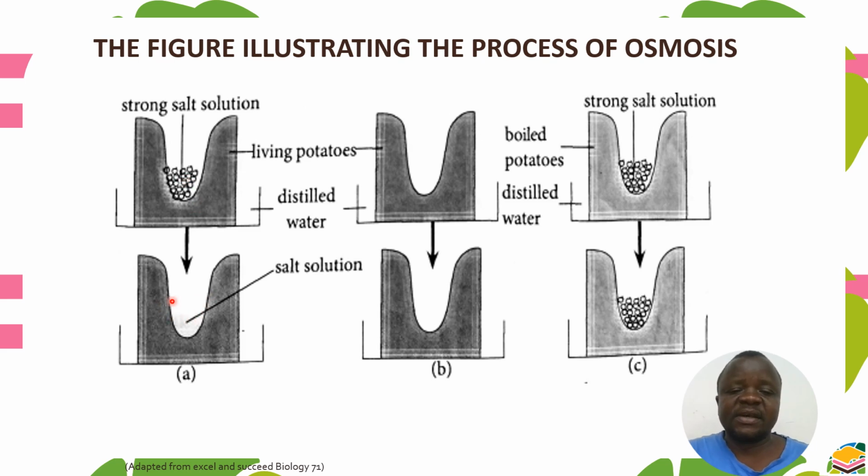So you can see the collection of the liquid will rise here, and there will be a drop in distilled water in this particular beaker A. Here nothing was put and there is nothing collected. Here strong salt solution, and here the result we have the same, nothing has changed, because this potato was boiled.